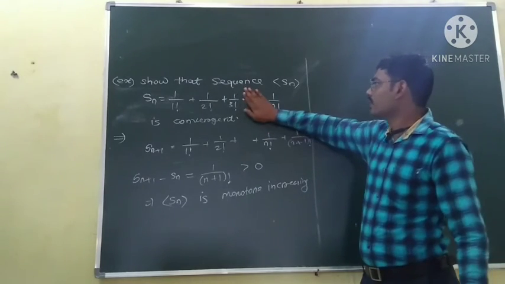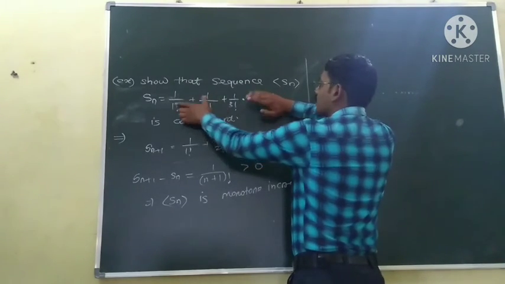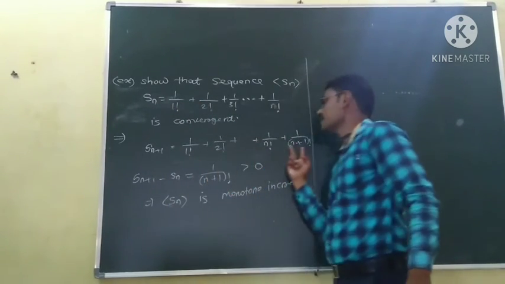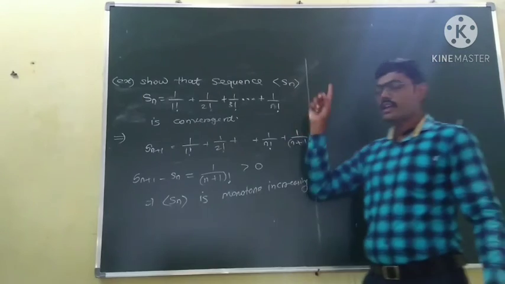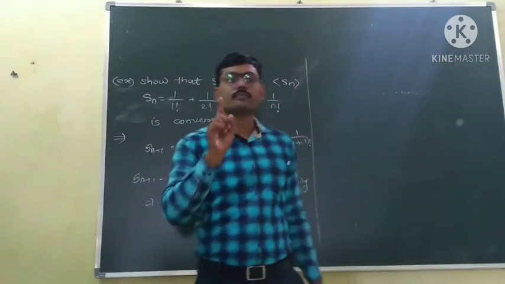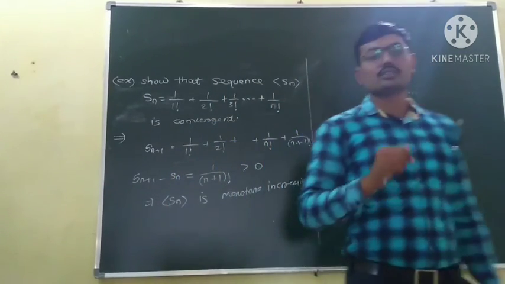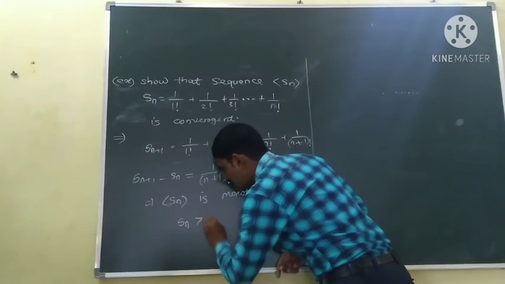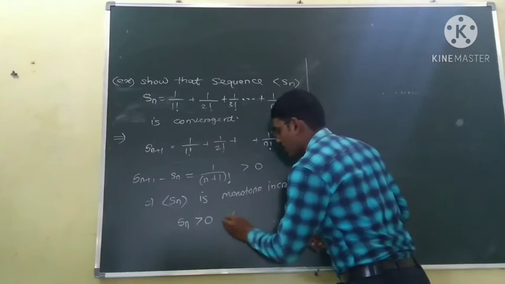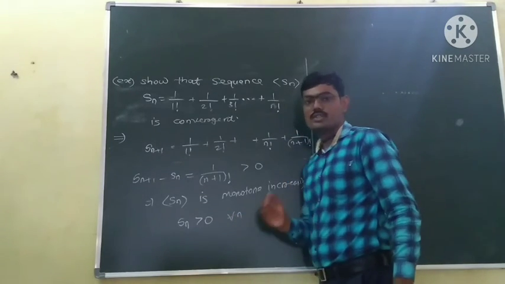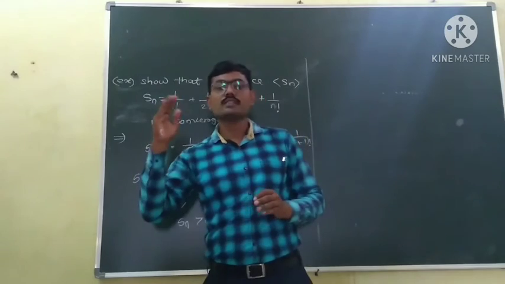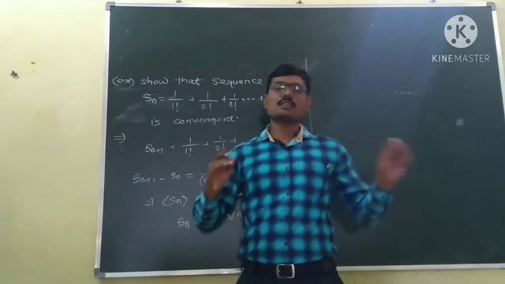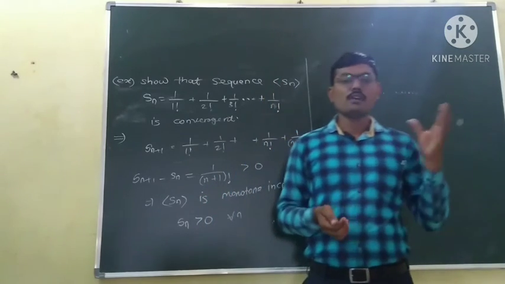The third element will be like this up to this. What is the n element? The sum of these terms. What is the n plus 1 element? The sum of these terms. So each term of the sequence is always positive, greater than 0. By observation, Sn is greater than 0 for all n. There is no term of the sequence which is less than 0. So the sequence is bounded below by 0.